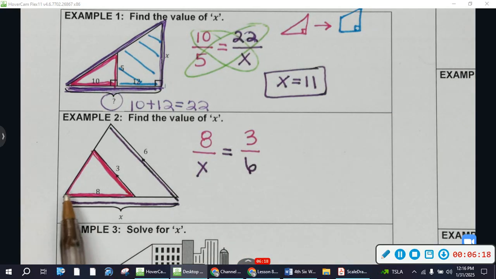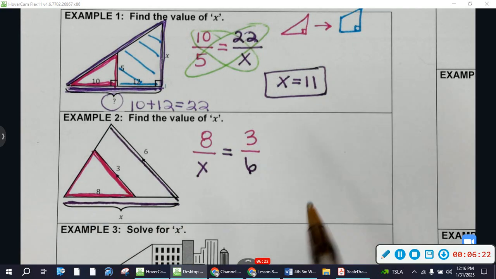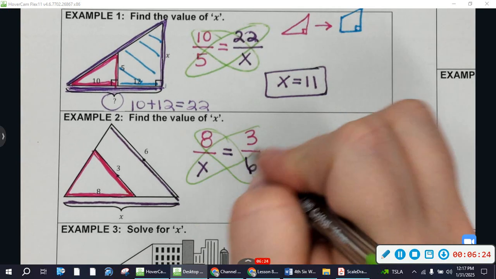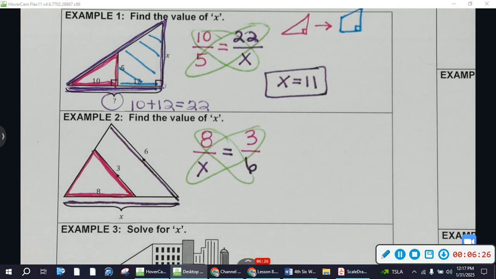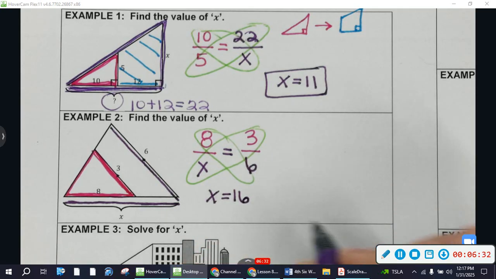So little is to big as little is to big. Cross multiply and divide, and you end up with 16.